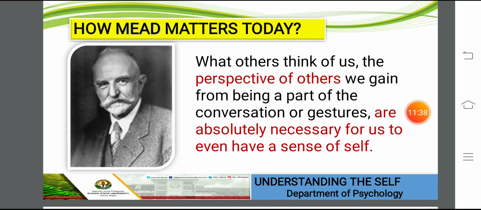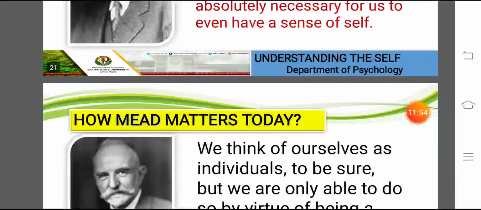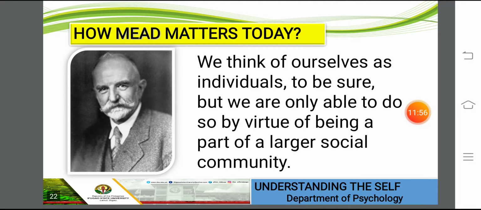And we learn from the philosophical perspectives that we are rational beings, okay? We are not separate from our thinking, and therefore our actions are also the effects of what we think about ourselves. So think positively. How Mead matters today, we think of ourselves as individuals to be sure, but we are only able to do so by virtue of being a part of a larger community.